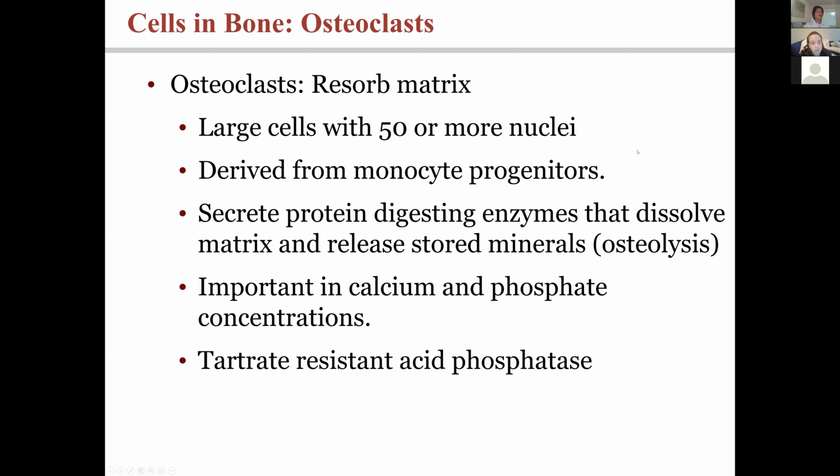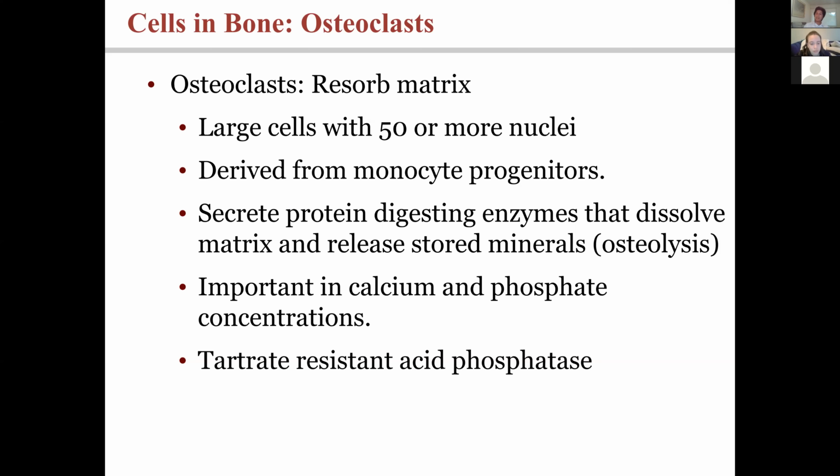We also have osteoclasts, and these are going to be present on the surfaces of bone. In this case, the endosteum of bone facing the medullary cavity. These osteoclasts will resorb.